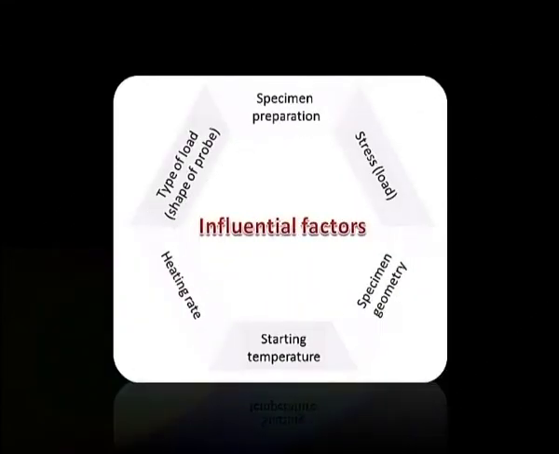You can see here that the influential factors are specimen preparation, stress, which is load, then the geometry of the specimen, the starting temperature, then the heating rate, and finally, the type of load, that is the shape of probe which we are using.